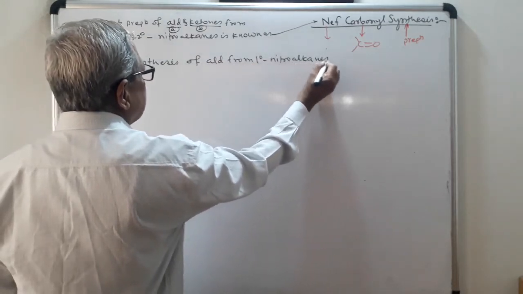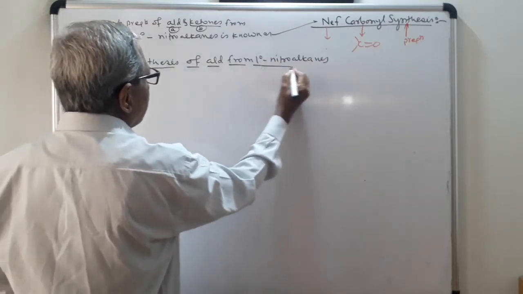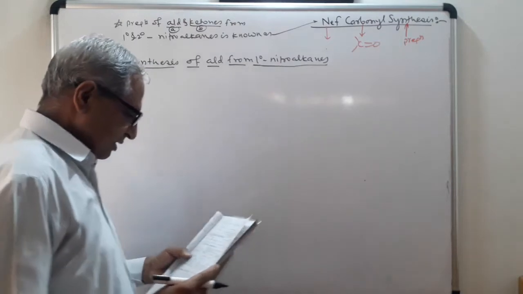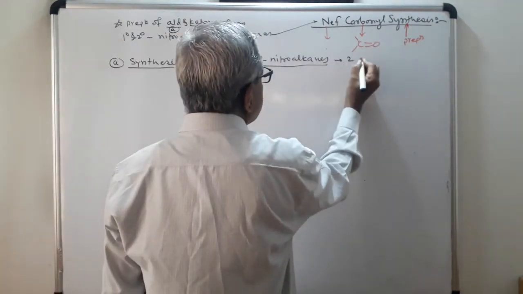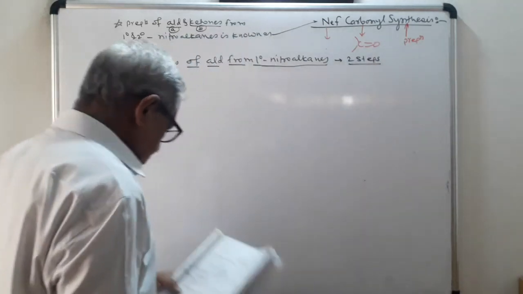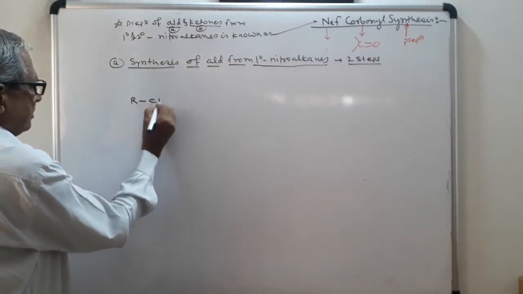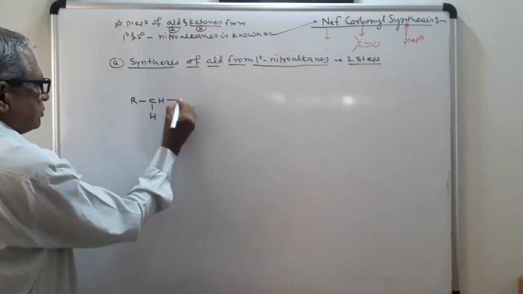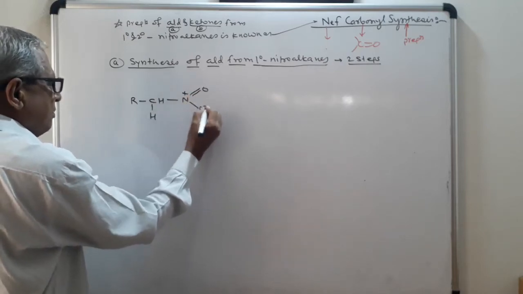nitroalkanes. So you have to prepare the aldehydes from primary nitroalkanes. This is a two-step reaction. So I will explain that two-step reaction. See the formula for primary nitroalkane, RCH2 N double bond O, O minus.